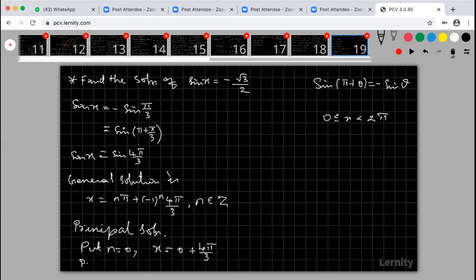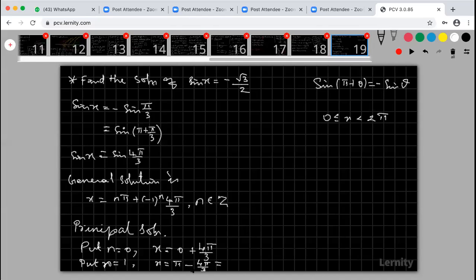Right, now come to that. Put n is equal to 1. N is equal to 1 means what happened? This is x is equal to 1 pi, this is minus 1 the whole power 1, that is minus 4 pi by 3. I'll simplify this. What is the answer we are getting?